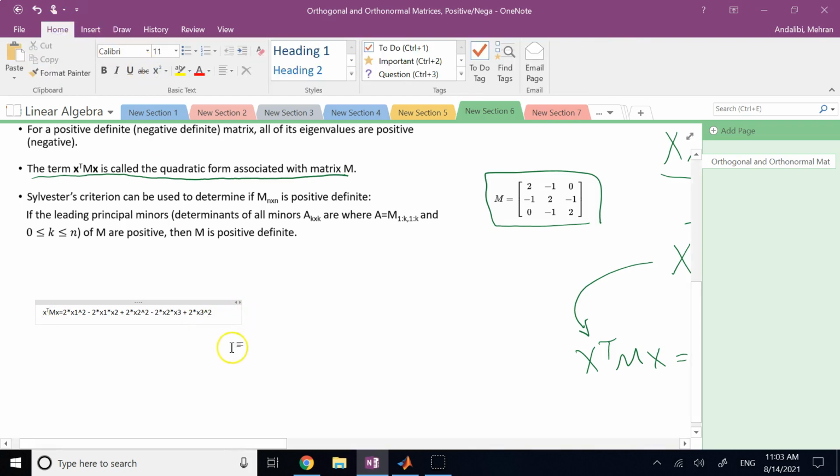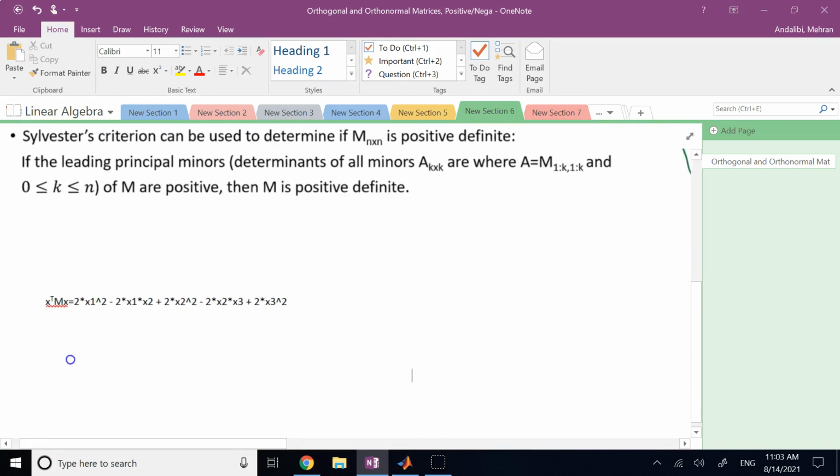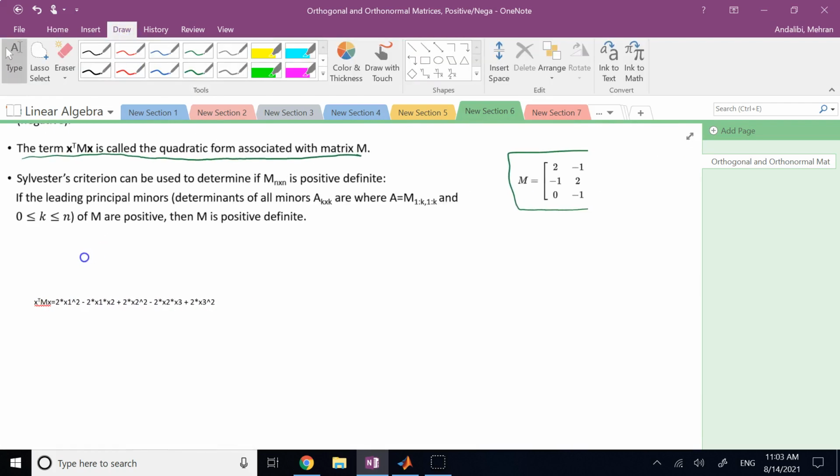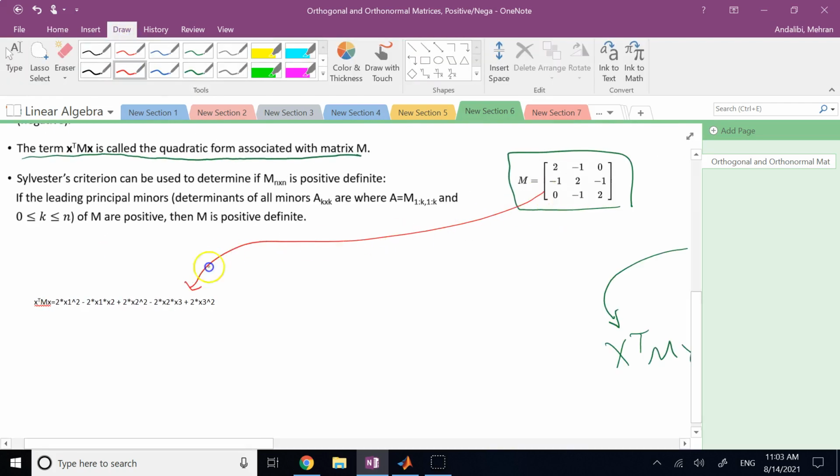Well, as I said, it needs some good algebra, but what you can do is take 1 x1 squared and 1 x2 squared and combine them with this term and make it x1 minus x2, the whole thing squared.